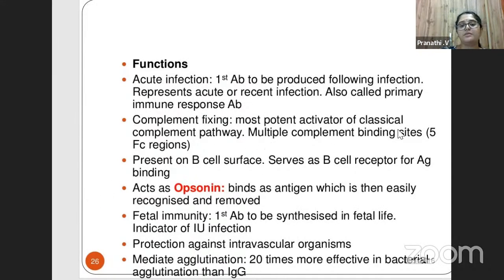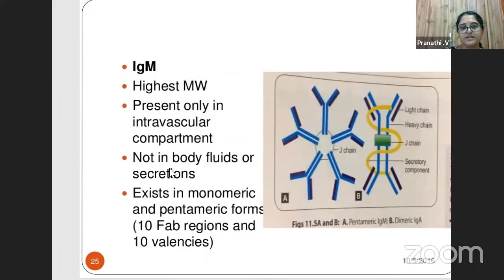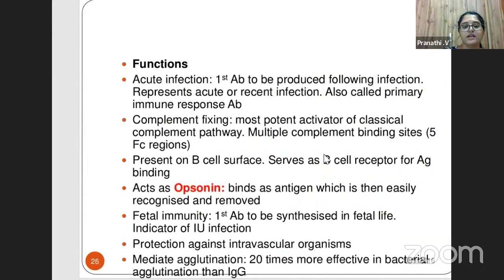It has 5 Fc regions, you can see 1, 2, 3, 4, 5. So it has multiple complement binding sites, because of which you have a very enhanced immune response, and it is usually present on the B cell surfaces for antigen binding.